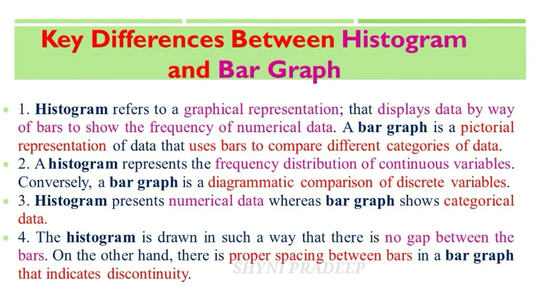A histogram represents the frequency distribution of continuous variables, but a bar graph is a diagrammatic comparison of discrete variables. A histogram presents numerical data, whereas a bar graph shows categorical data. The histogram is drawn in such a way that there is no gap between the bars. On the other hand, there is proper spacing between the bars in a bar graph that indicates discontinuity.